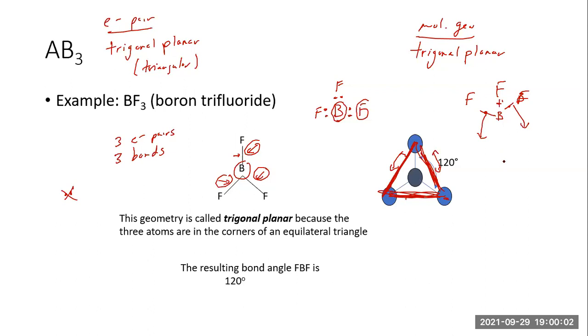The result is the fluorine stays on top, and the ones over here spread out as far as they can from each other. They can't come any further, otherwise they'd get too close, so they want to come back. But this one cannot swing up any higher because it doesn't want to get too close to the one on top. So they eventually come to rest in an optimal spacing. When you have three electron pairs and three bonds, the optimal arrangement is this trigonal planar, or triangle, arrangement where it's 120 degrees apart.